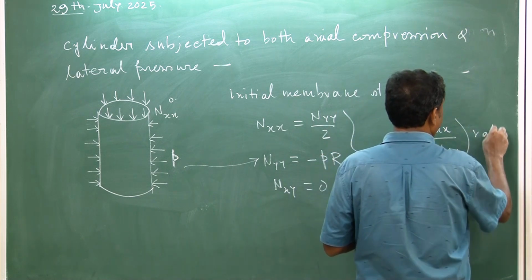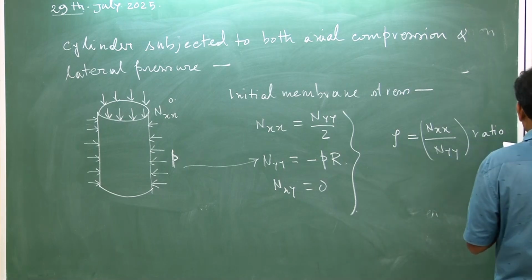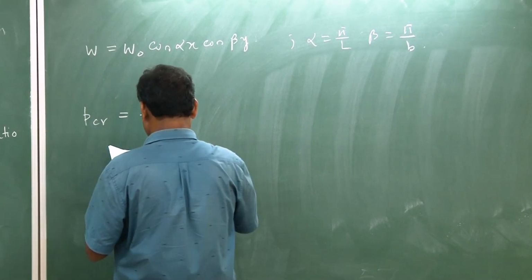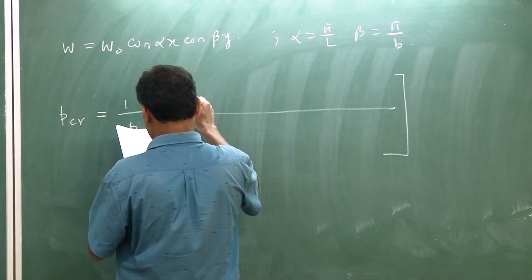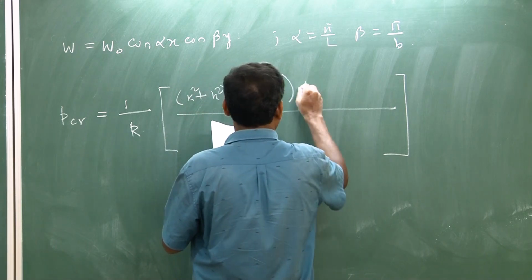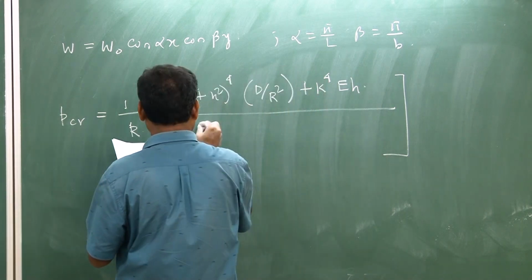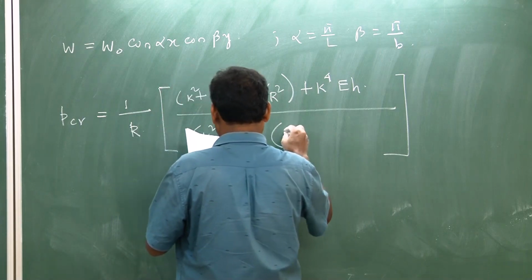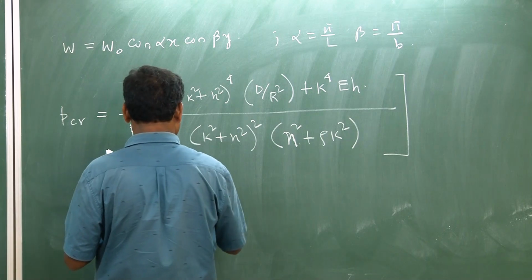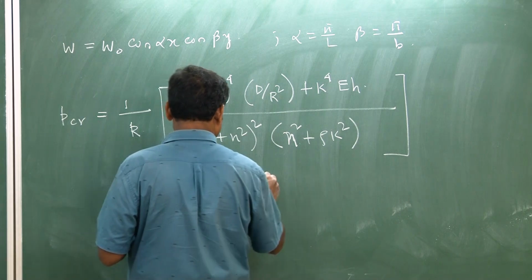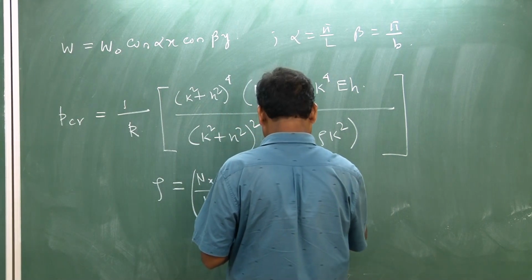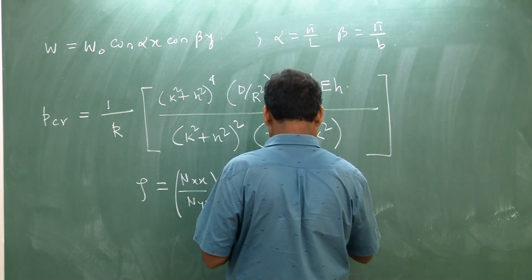This ratio we are going to define for the critical one, and then you will see the way we obtain that P critical is 1 by K. Here rho is the ratio of nxx by nyy, and this parameter k is alpha into R, and n is nothing but beta into R. R is the radius of the cylinder.